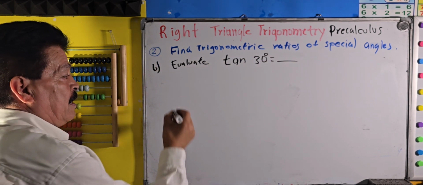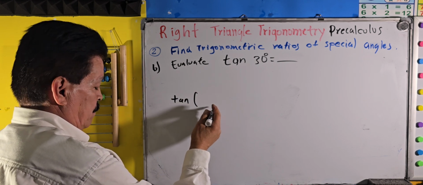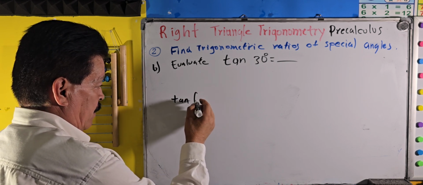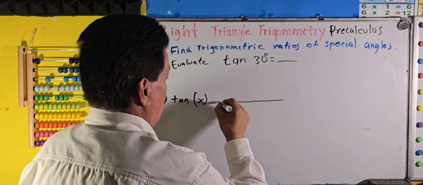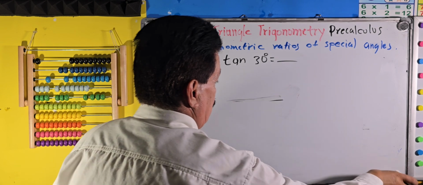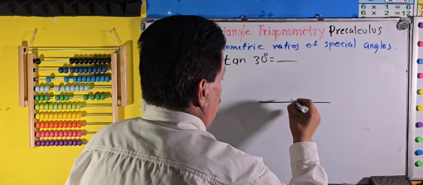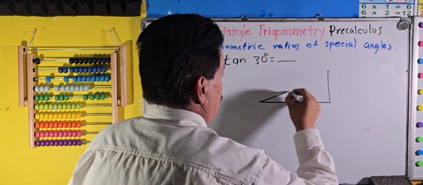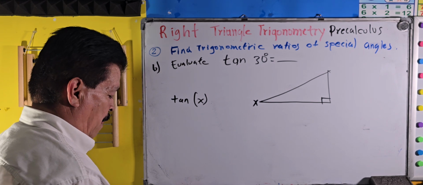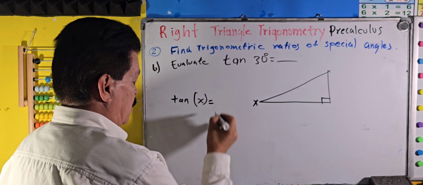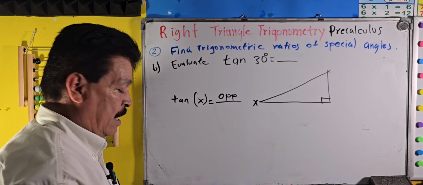So the concept of tan: the tan of x is equal to opposite divided by adjacent.